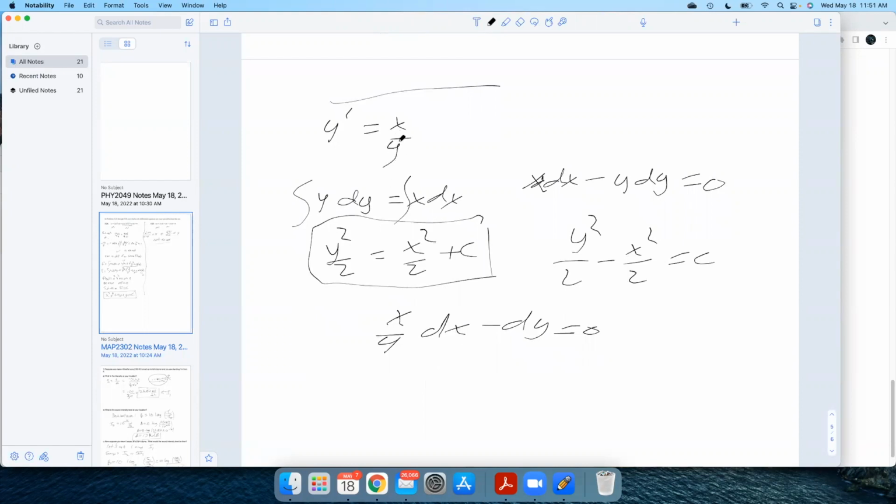Because here I'm definitely not allowed to have y equals 0. You can't divide by 0, whereas here I can. If y equals 0, we're not allowed to multiply both sides by it. So if I'm going to make this kind of jump, I really should put a disclaimer here. Y is not allowed to be 0.